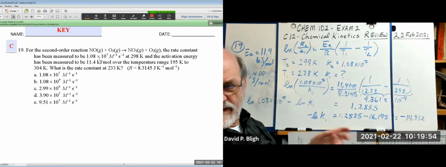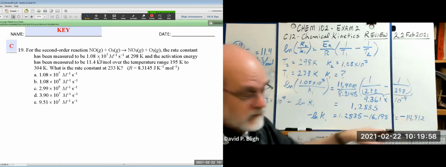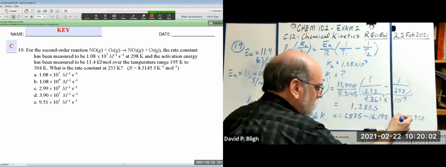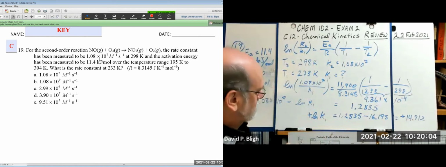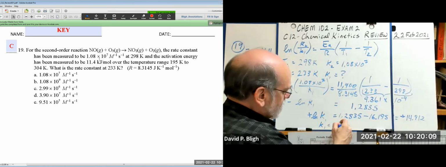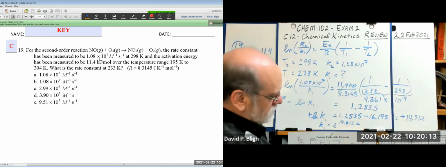So we just need to get rid of the negative signs, and then that would be the power of E. Right? So both sides are negative. Now they're positive. And K1 is equal to E to the 14.912 power.